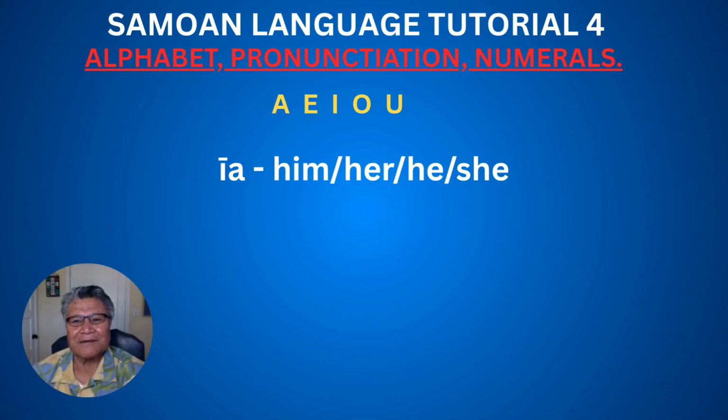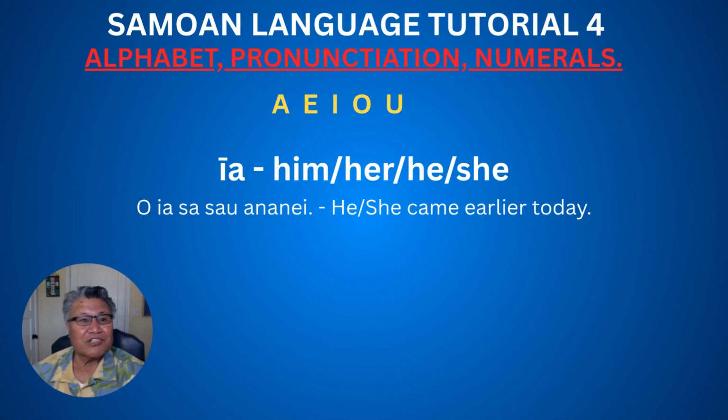Ia is him or her, he, she. Ia, the singular third person pronoun. O ia sa sau anane. He, she came earlier today.